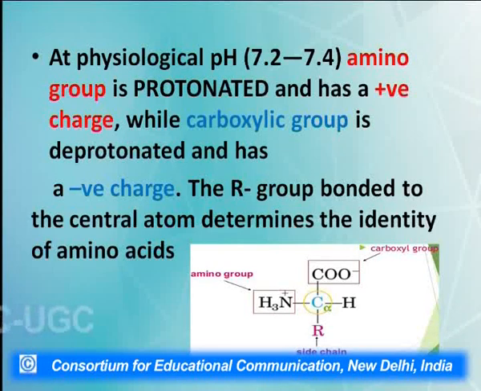So at physiological pH, between 7.2 and 7.4, amino acids are present as zwitterions. By a zwitterion I mean an electrically neutral ion.